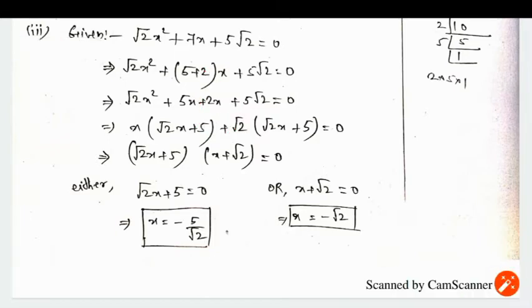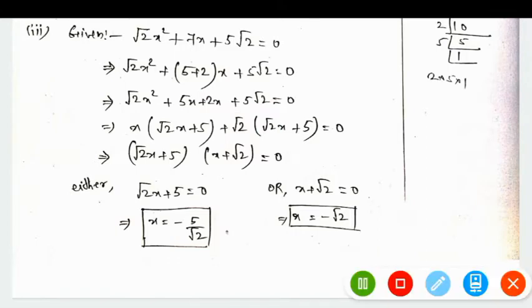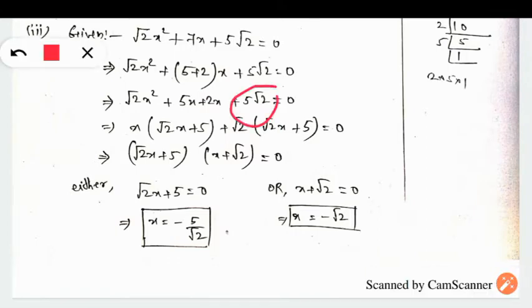So after taking root 2 common, since 2 means root 2 square, 1 root 2 is left and x is left. So we got root 2x, and from 5 root 2, if we take root 2 common, what is left then? Only 5. So we got root 2x plus 5. Since root 2 square was there, 1 root 2 is left, x is left and 5 is left.